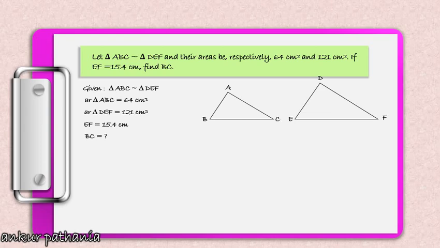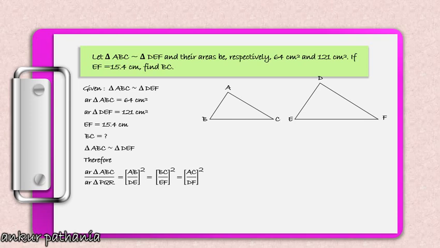Now let us see first whether EF and BC are corresponding sides. Yes, these two are corresponding sides and triangles are similar. Therefore, we have area of triangle ABC upon area of triangle DEF is equal to AB upon DE whole square is equal to BC upon EF whole square is equal to AC upon DF whole square.